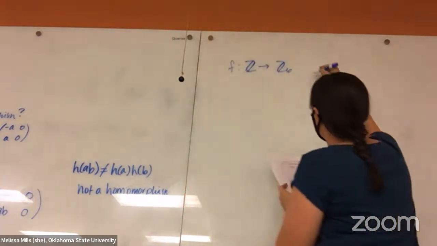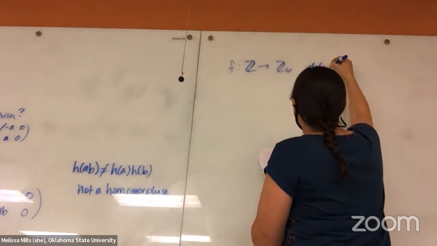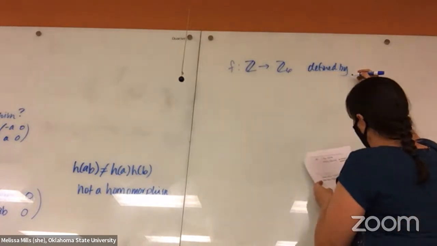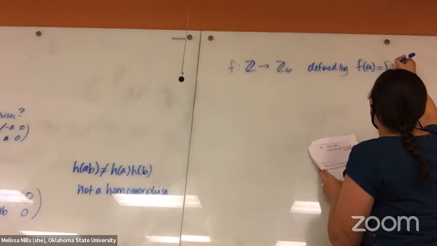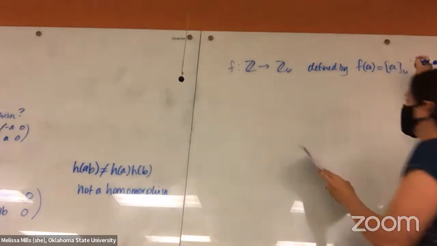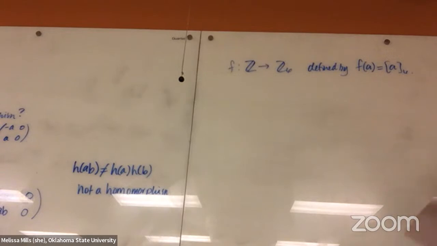And that's going to be defined by: you take an element in Z and you just take it mod 6. So that's our mapping. You can tell me right away just by looking at it, is this going to be an isomorphism?